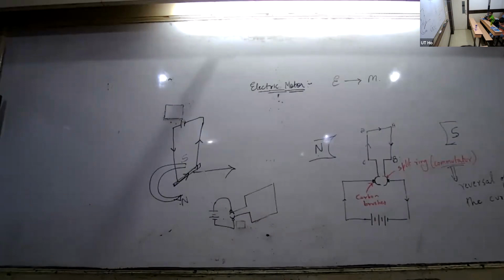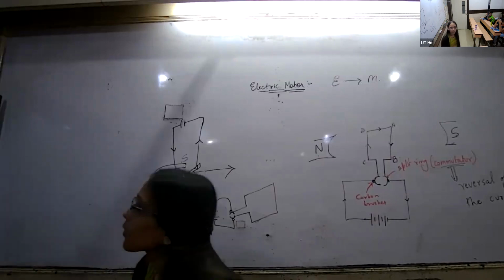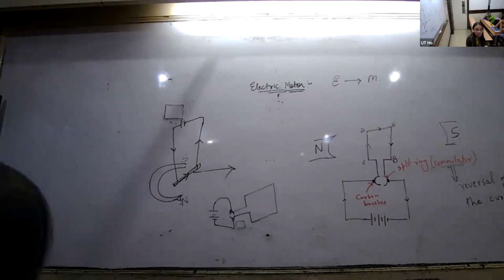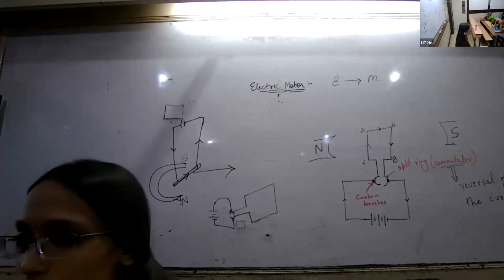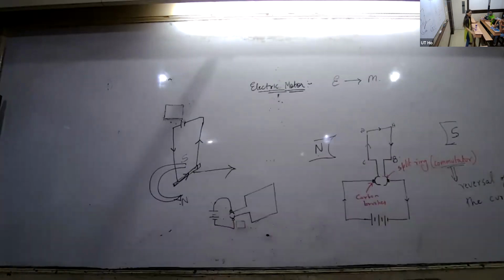Excuse me, ma'am. There was a question in the paper. The first question. Yes, ask. Ma'am, they are given that there are three refractive indices, A, B, and C. A is 1.33, B is 1.65, and C is more than 1.65. Wait, I am doing something else. That's a question from the test.